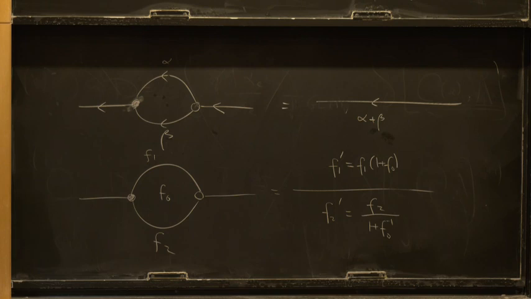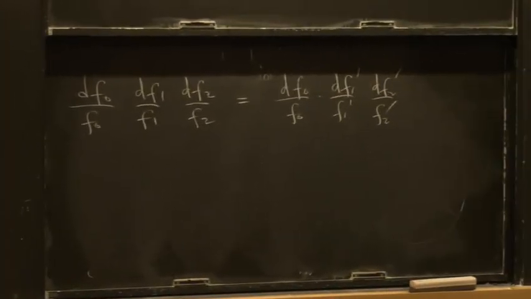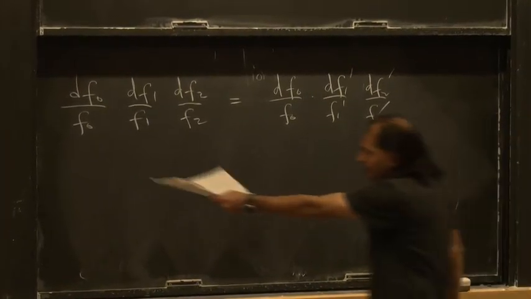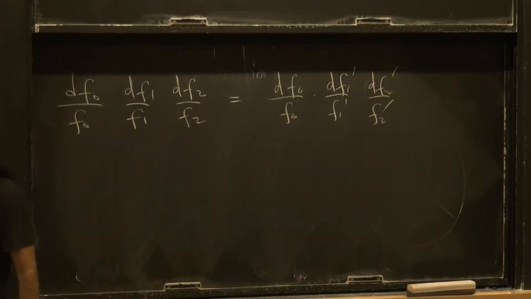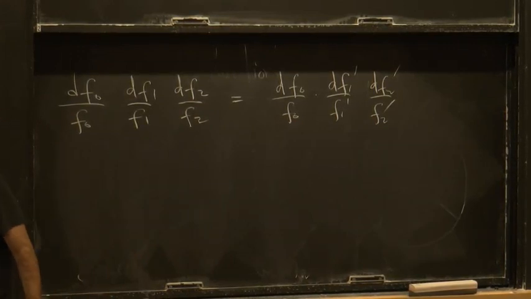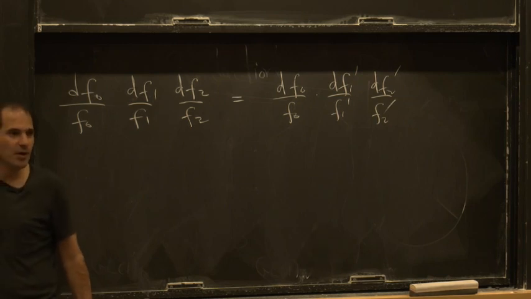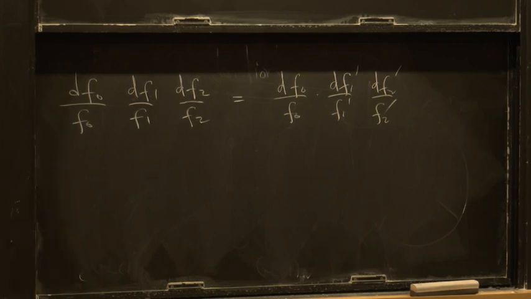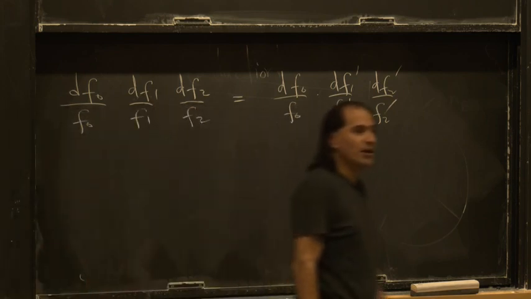This is df naught over f naught, df1 prime over f1 prime, df2 prime over f2 prime. For exactly the same reason, right? d log f1 prime is the same as d log f1 when on the support of anything that I wedge into df naught. d log f2 prime is the same as d log f2. Okay, so the wedge of d log f naught, d log f1 prime, d log f2 prime is the same as the wedge of d log f naught, d log f1, d log f2.